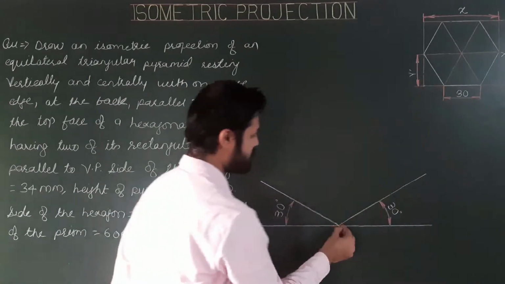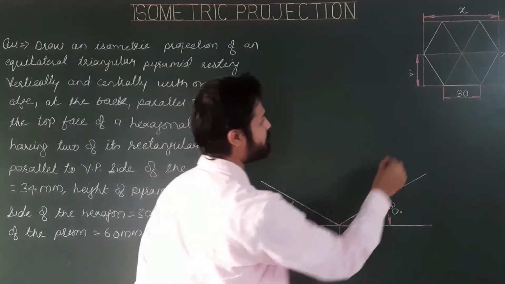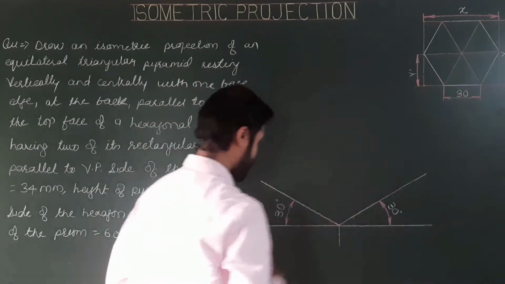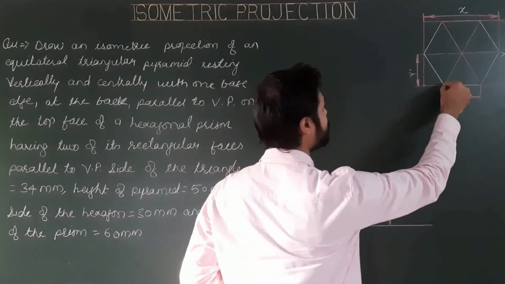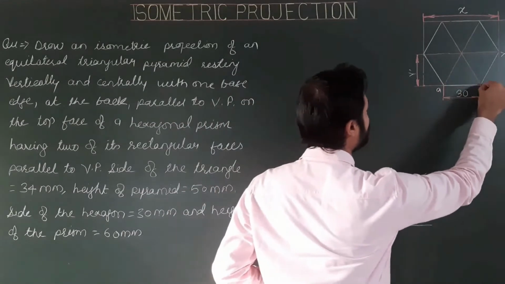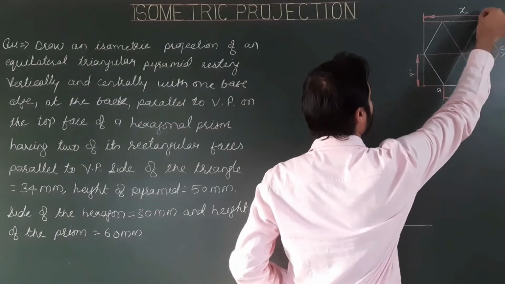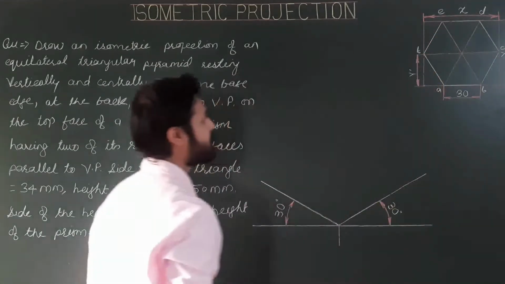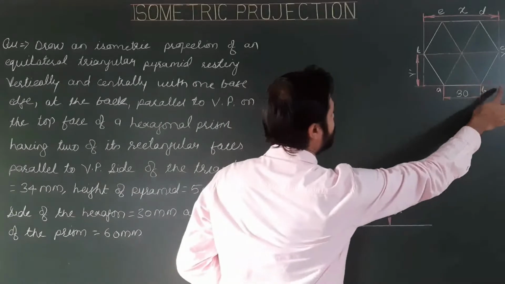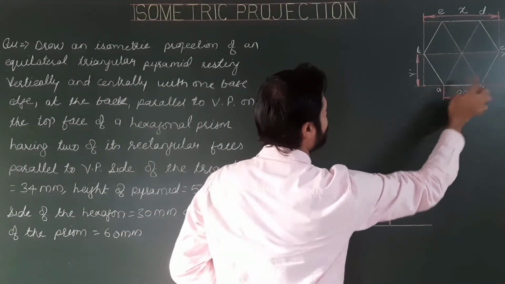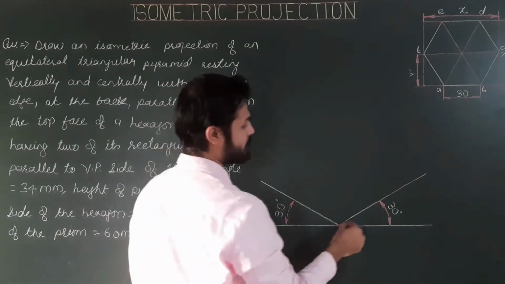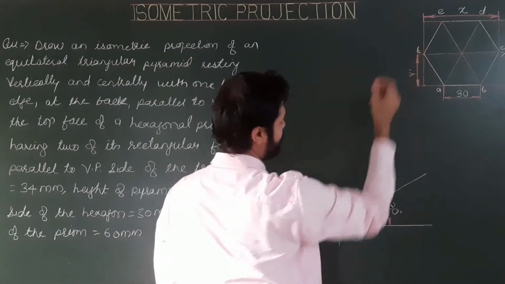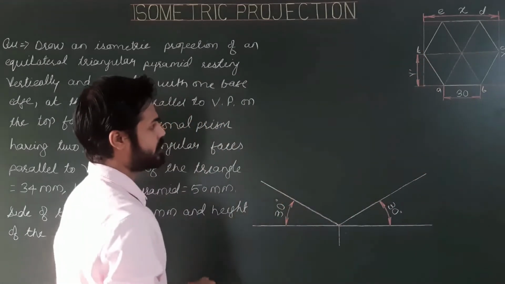Starting from the first corner, this is the first corner. Say these are the corners of the hexagon A, B, C, D, E, and F. So marking limits of the helping figure, X along the first iso axis and Y along the second iso axis.